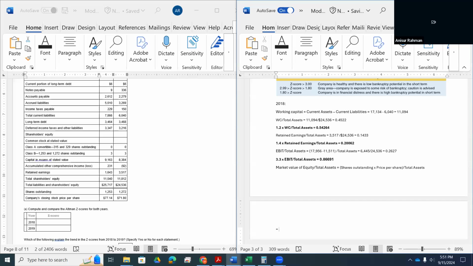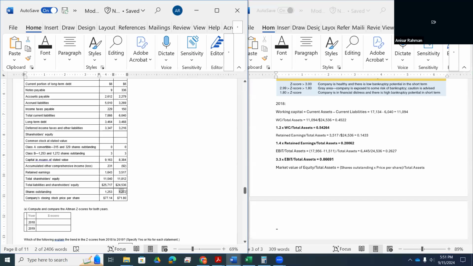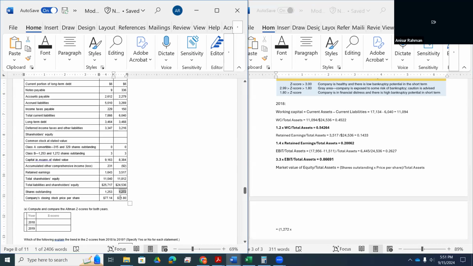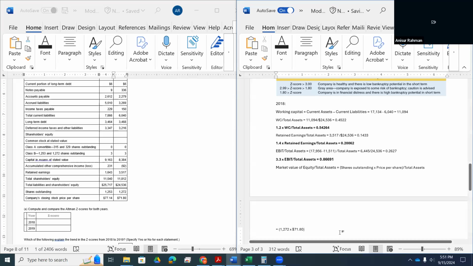So our shares outstanding is 1,272. Price 71.80. Divided by our total assets.